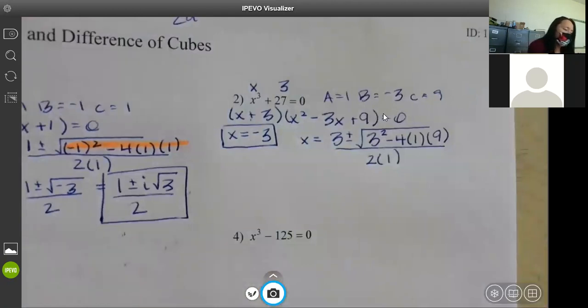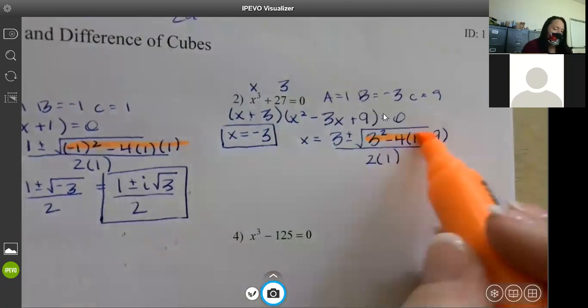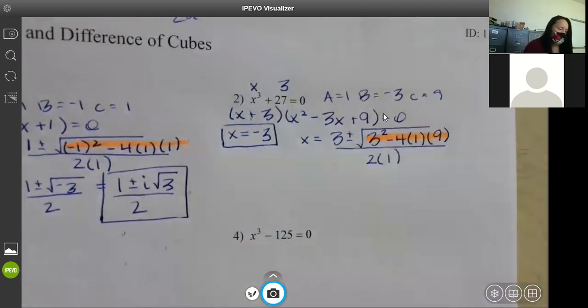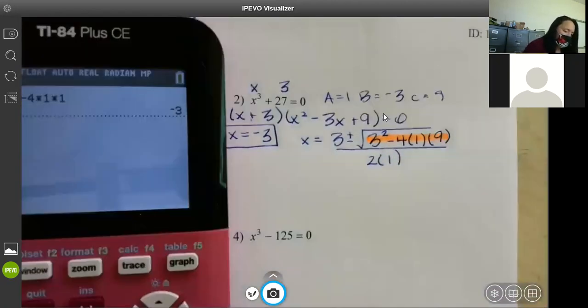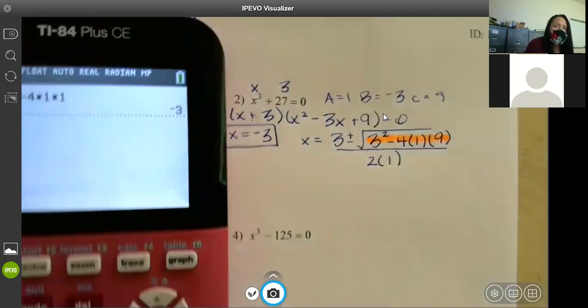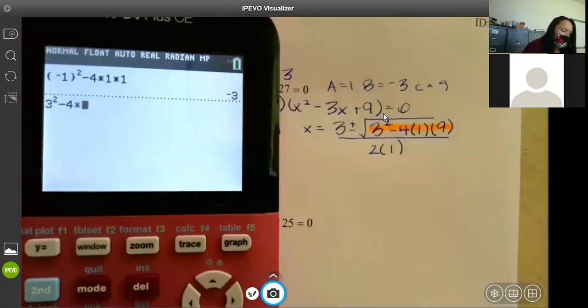Again, just do what's under the radical. 3 squared minus 4 times 1 times 9 gives me a negative 27.